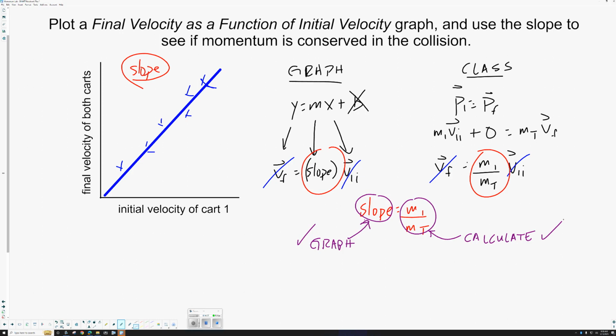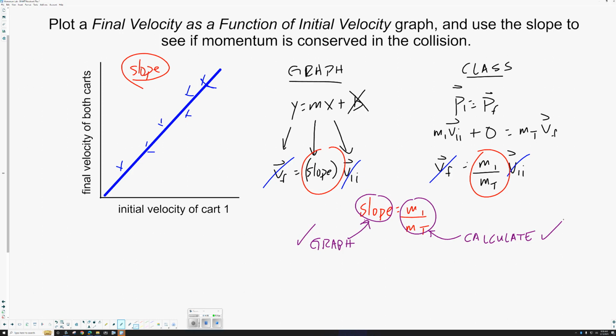It tells us that our assumption was correct, right? So we're assuming it to be true, and then we're essentially checking to see if our assumption was correct. So if these two numbers are equal, then we've shown that momentum is conserved.